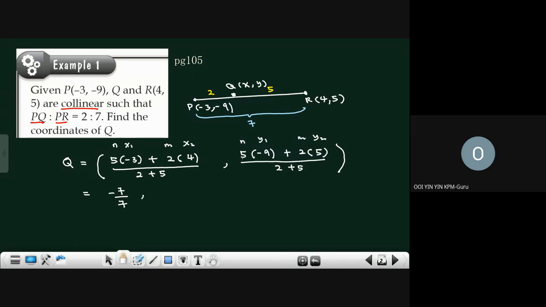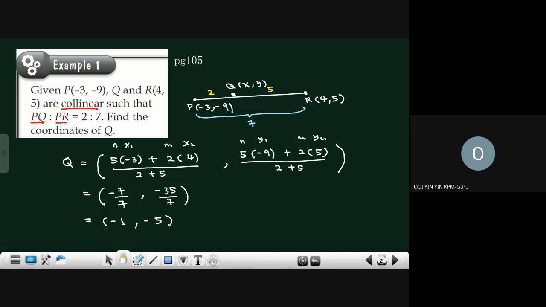And then here negative 45 plus 10 will give you negative 35 over 7. Don't forget your bracket because this is a coordinate. Negative 7 over 7 gives you negative 1, and negative 35 over 7 gives you negative 5, which makes the answer for coordinate Q negative 1, negative 5.